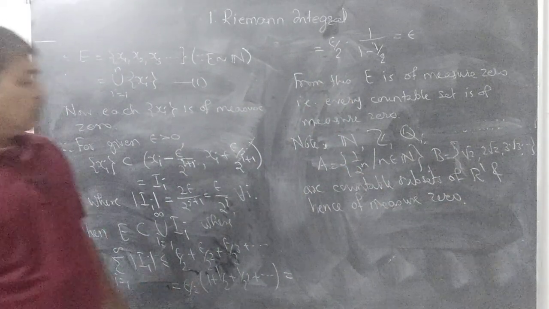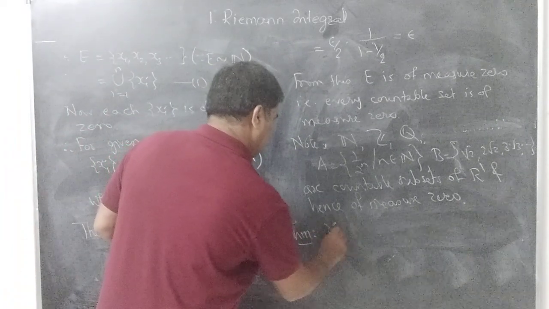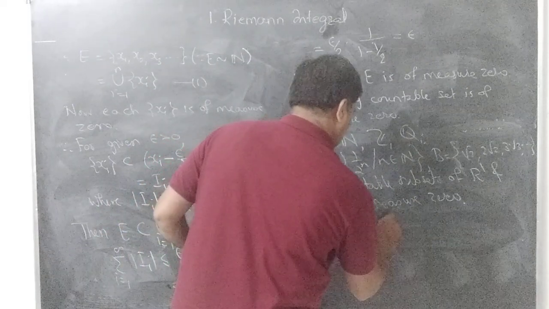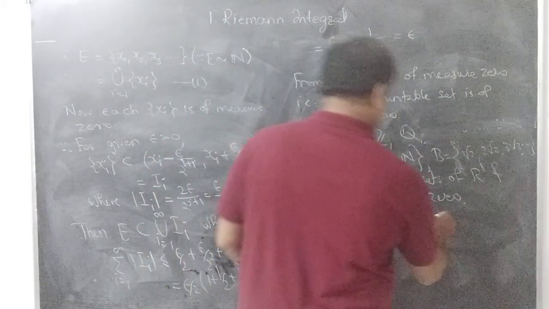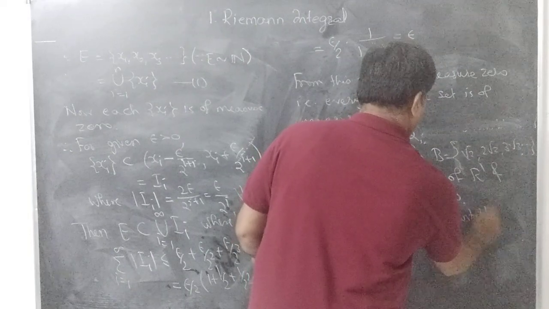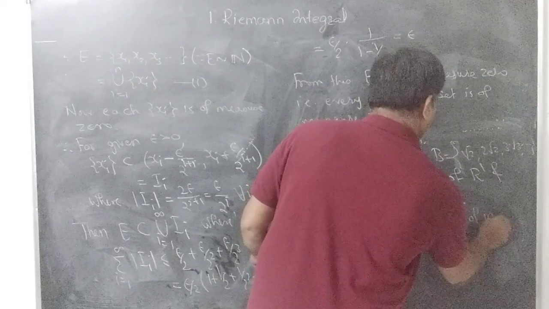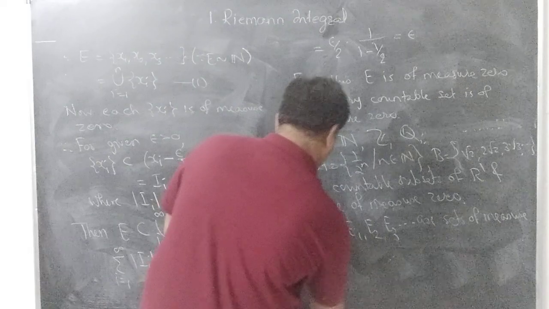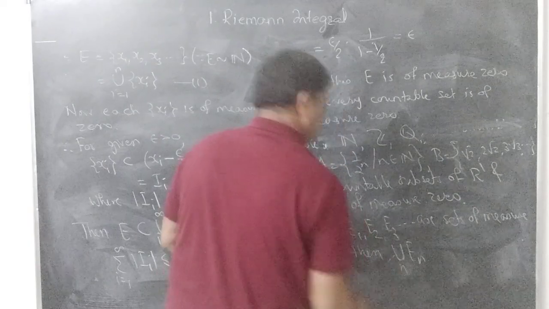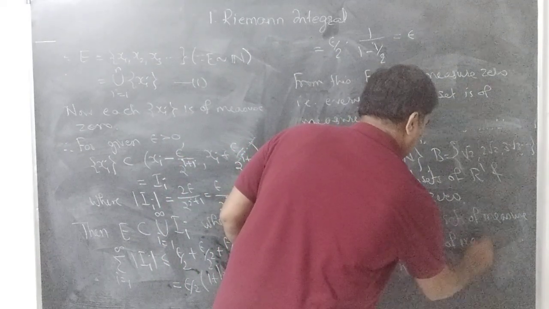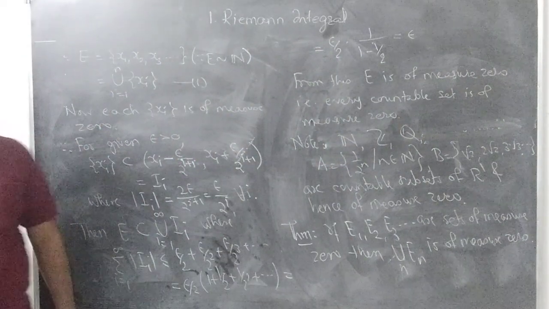In fact, we have a theorem that if E1, E2, E3 and so on are countable sets of measure zero, then the union of En is of measure zero.